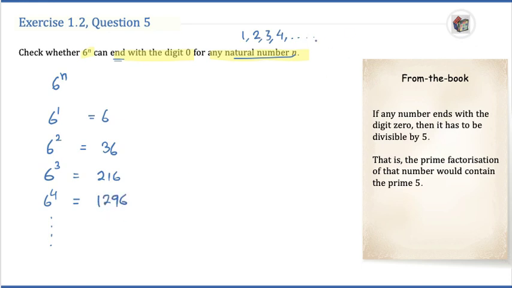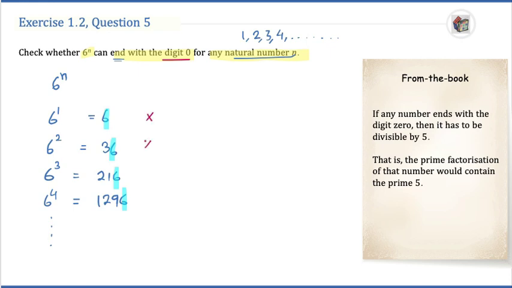The last digit in all four powers that we took is 6. So it's not 0.